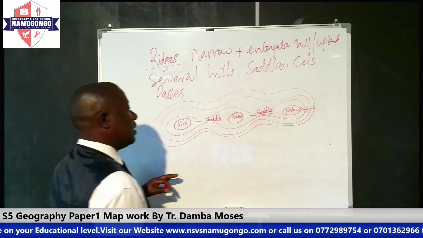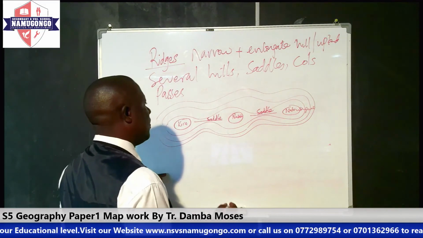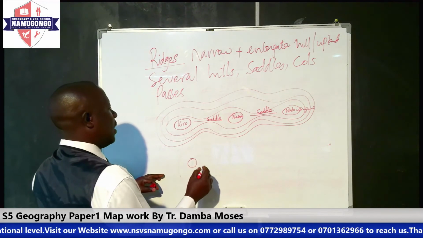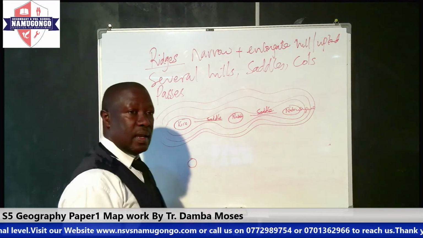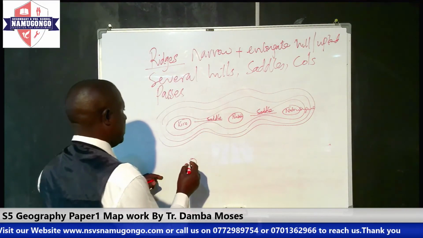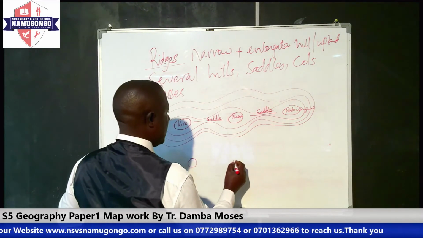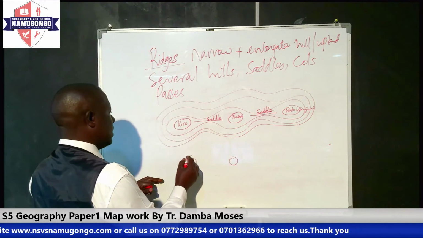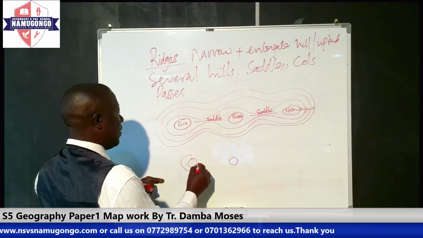But we say a ridge could also have cols. Let's have a ridge having a col and a pass. Okay? This one is going to have a col and a pass. It is a narrow ridge.